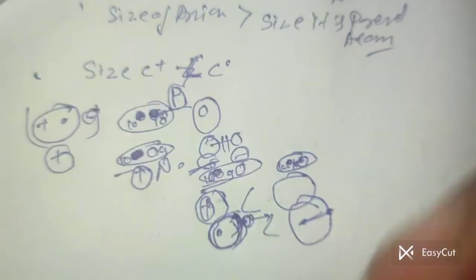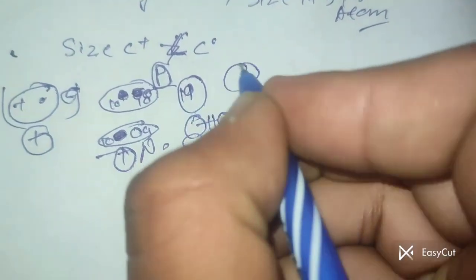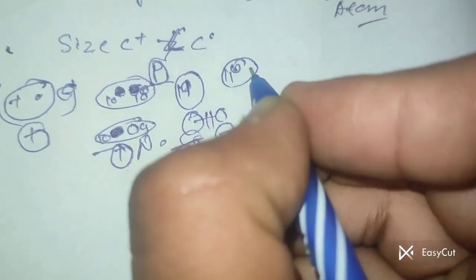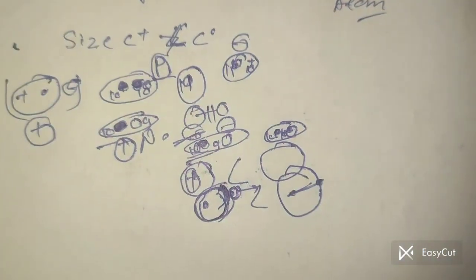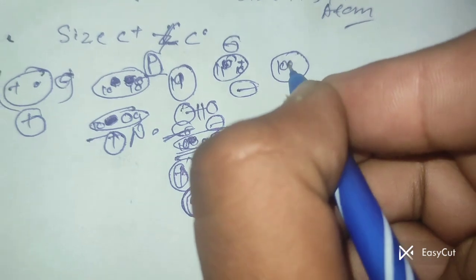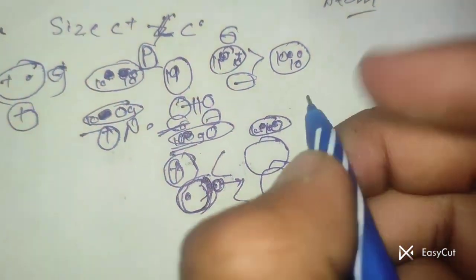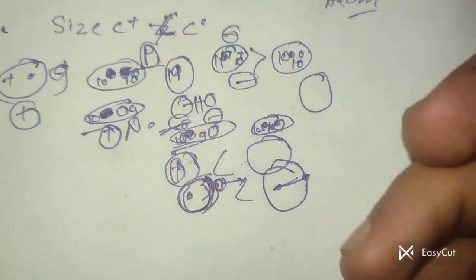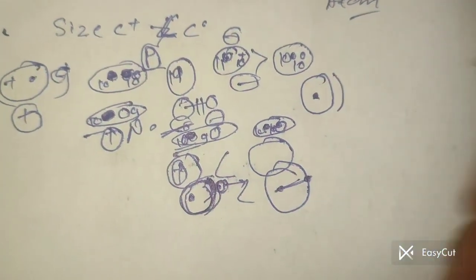And similarly for an anion, in this case you have 11 white marbles and the protons are 10, so you have a large amount of negative charge. Your parent atom has the same 10 blue and 10 white. You have more electrons relative to the nucleus, so the orbitals expand.